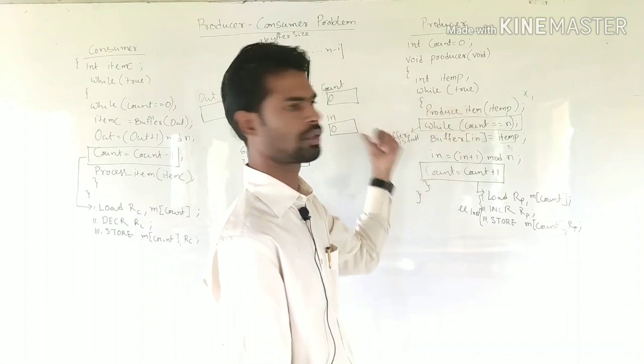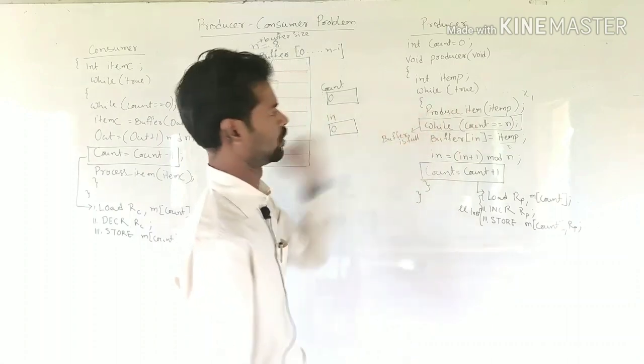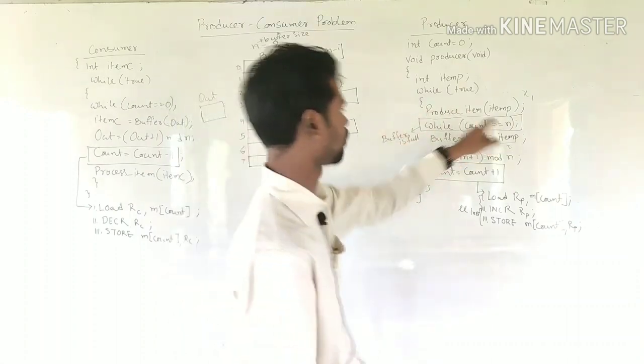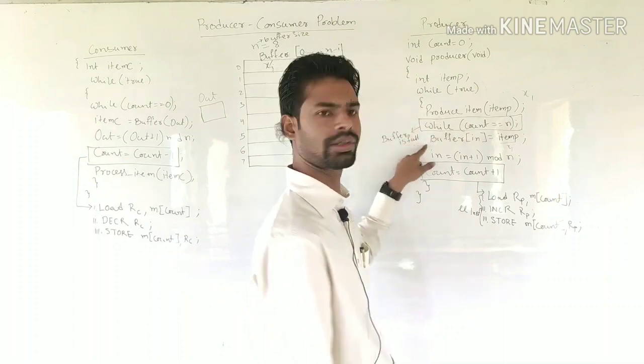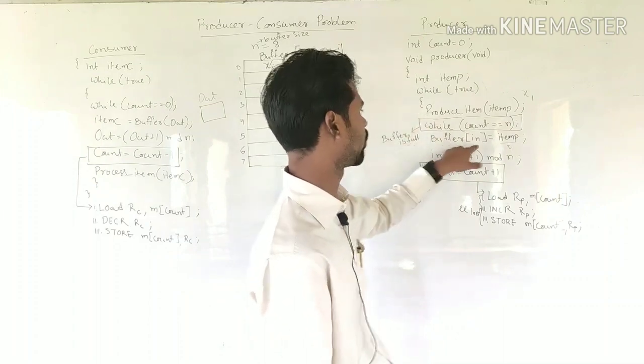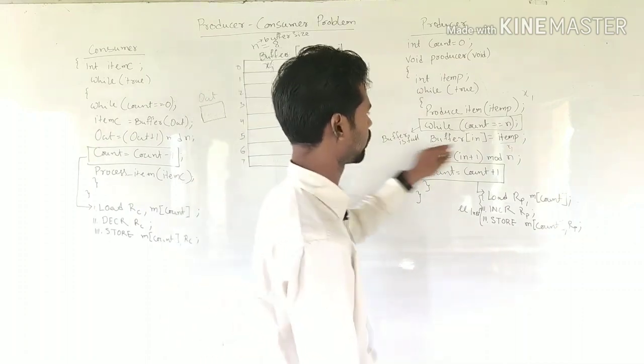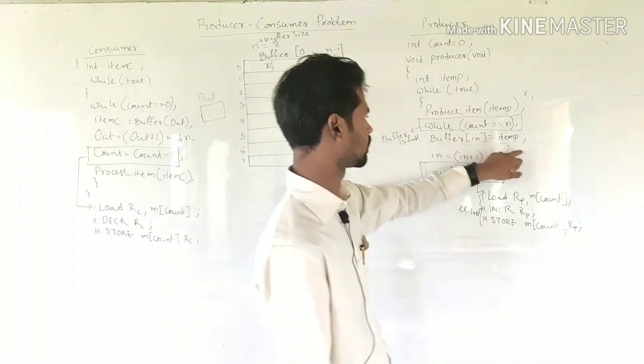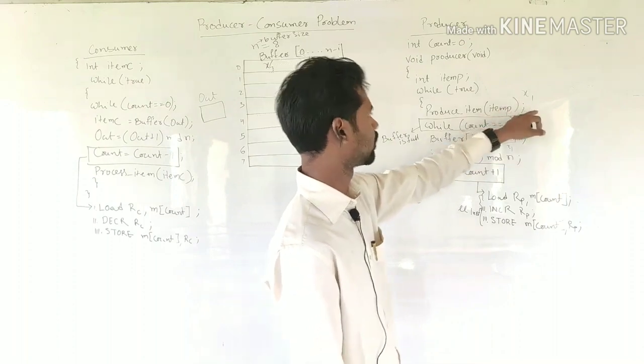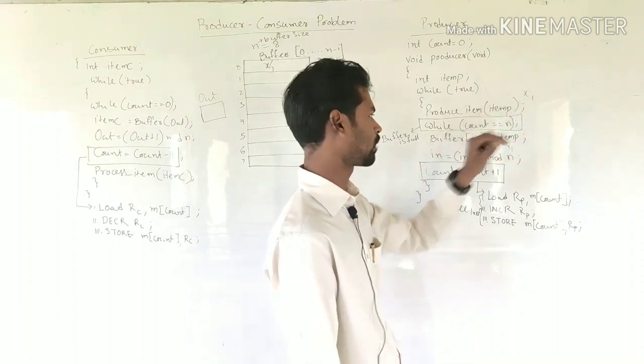If this is false, then it will execute the next statement. Buffer in, here this is empty, so it will execute buffer in is equal to item p. So we have produced item p, that is x1.